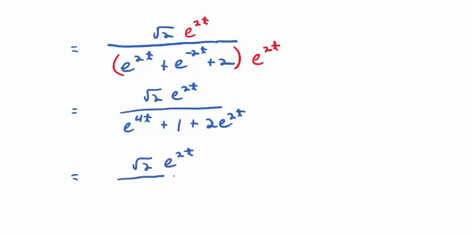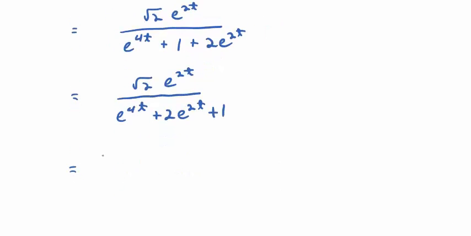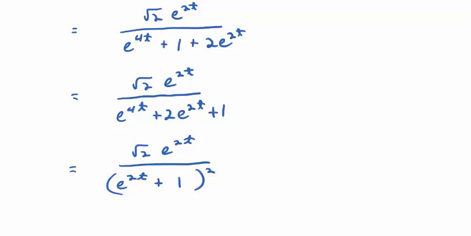If you reorder the addition in the denominator, you get e to the 4t plus 2e to the 2t plus 1, and that turns out to be a perfect square. It'll factor to be e to the 2t plus 1 squared.